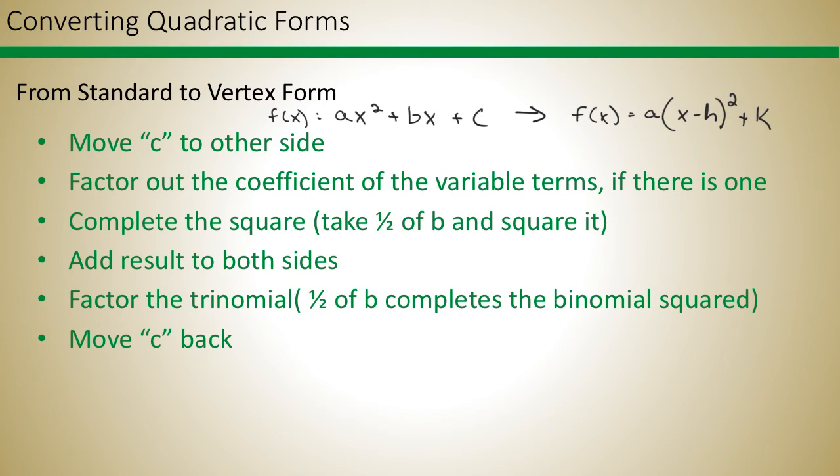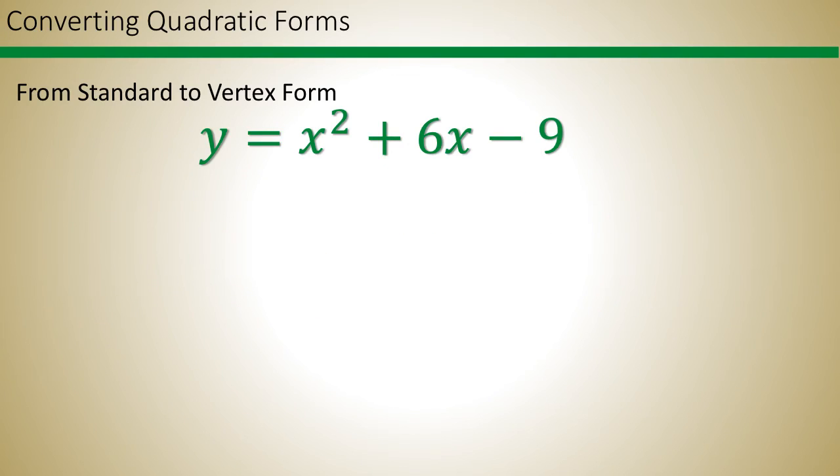Okay, so let's take a look at what that means. The first thing we're going to do is move c to the other side. That gives me y plus 9 is equal to x squared plus 6x. There's nothing to factor out because there's not a number in front of x squared.